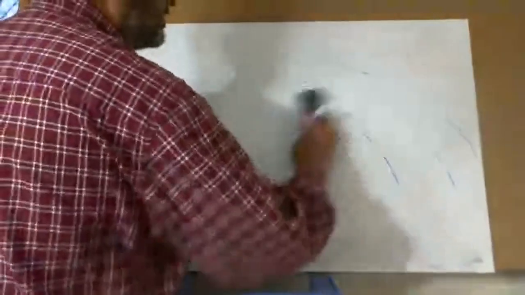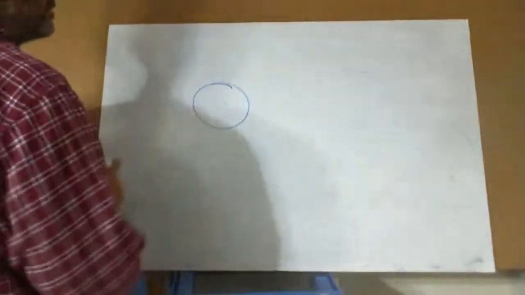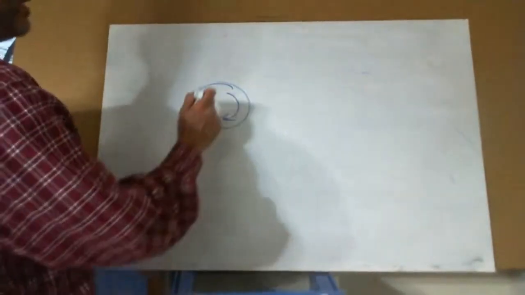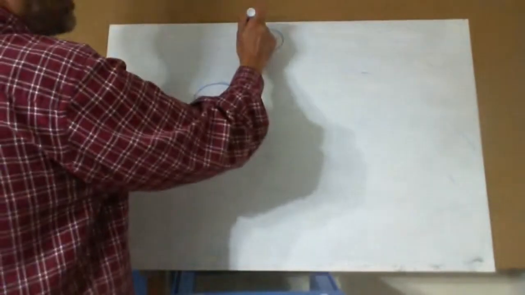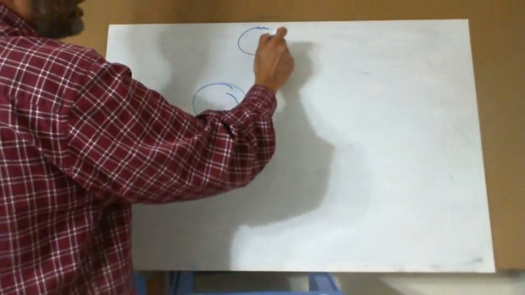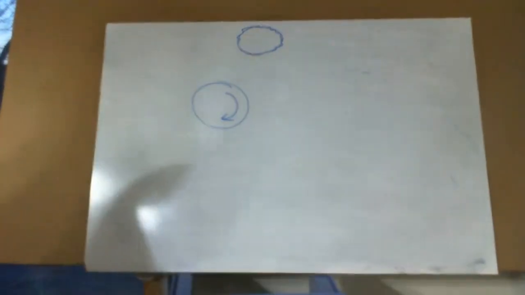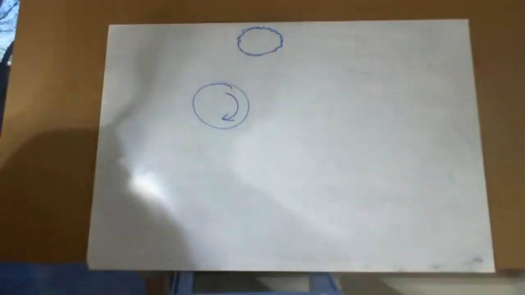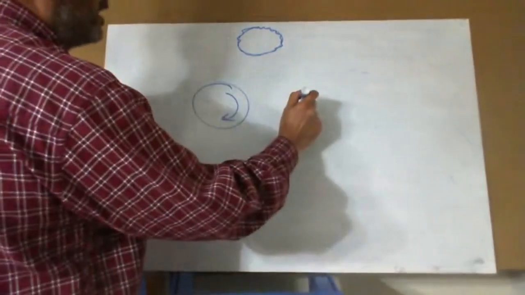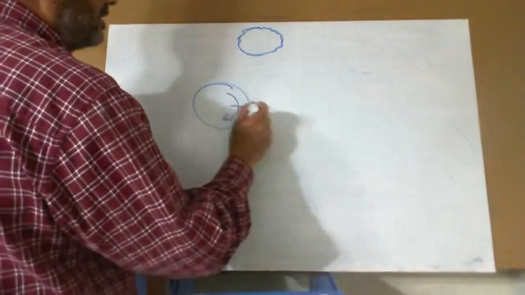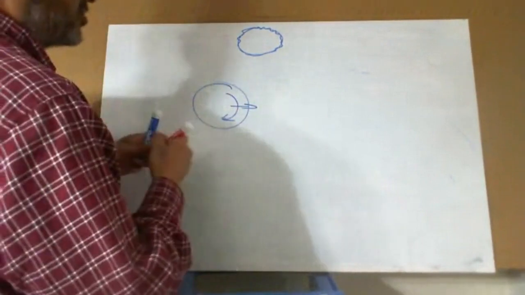So why is that? Let's try to understand that. Suppose you have a ball here, a baseball, and you spin it this way. Now a baseball is rough. On the seams, it's rough. So what happens when you spin it this way? As it goes forward, there is air that is rushing.